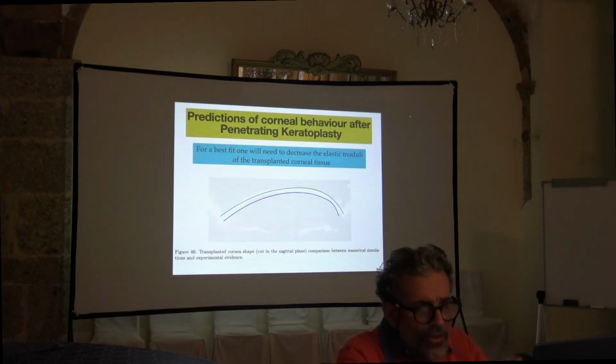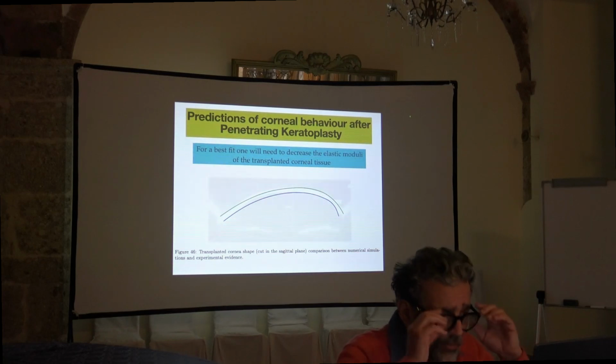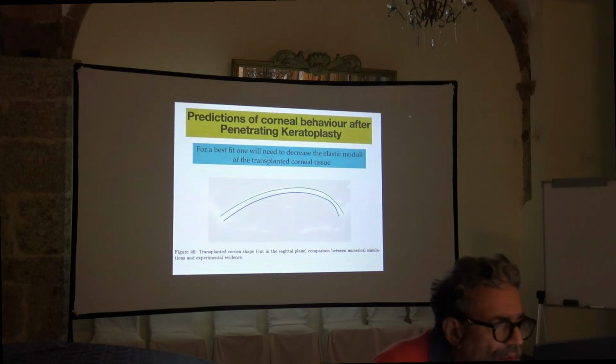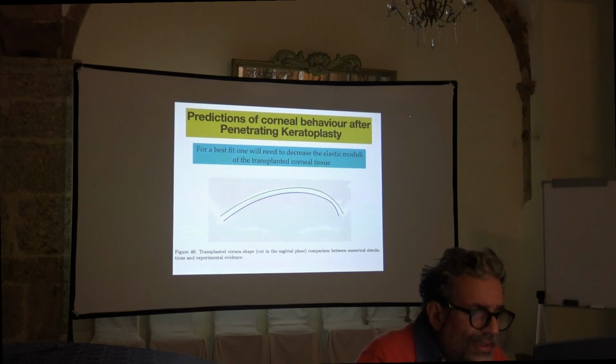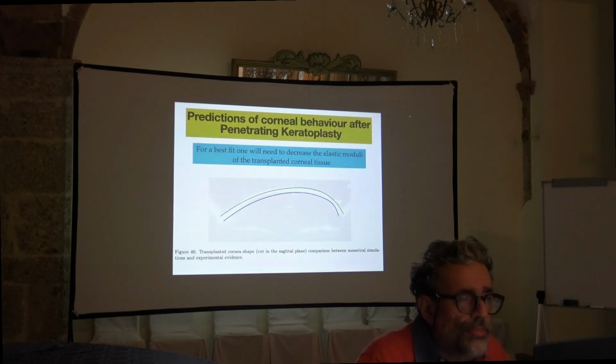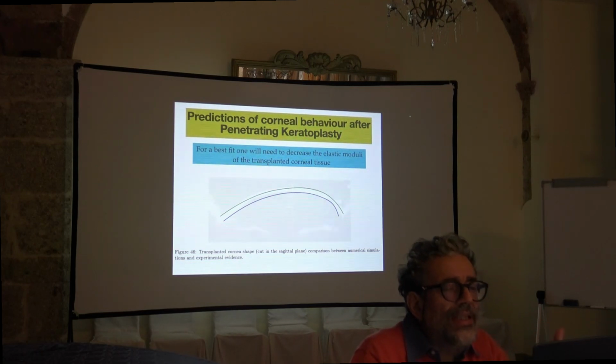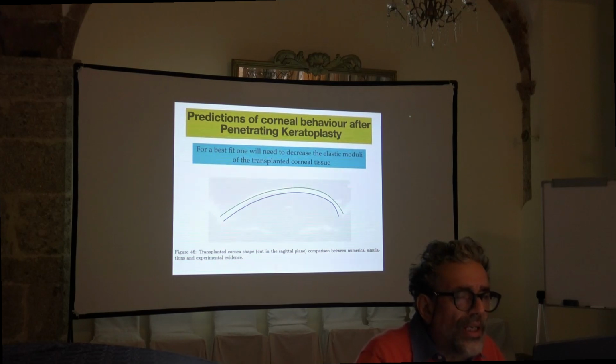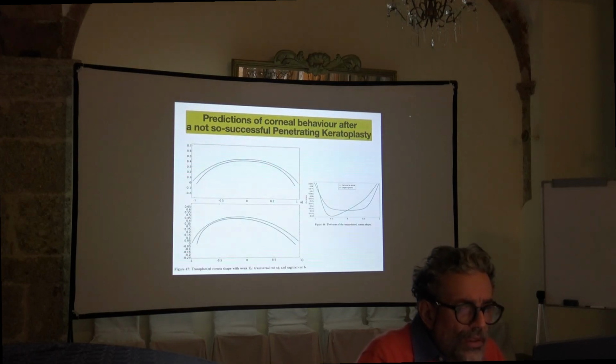Now, I don't see nearly anything in this picture, but I think that you should see the superposition of the calculated shape over the measured shape of my right cornea. And we needed to make the elastic moduli very low.